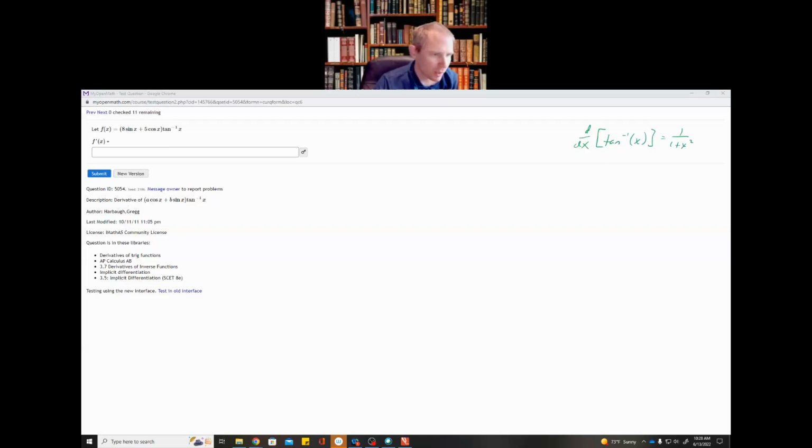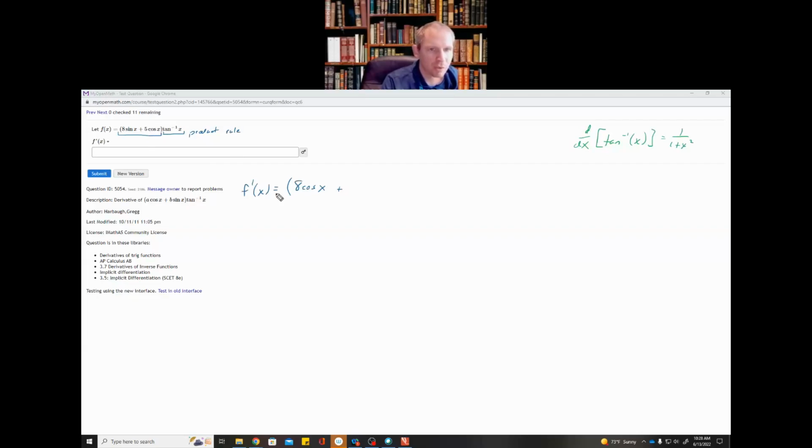Okay, so then if I want to take the derivative of this thing, I'm doing a product rule. Okay, so f prime of x is going to be the derivative of the first one. The derivative of 8 sine x is 8 cosine x.